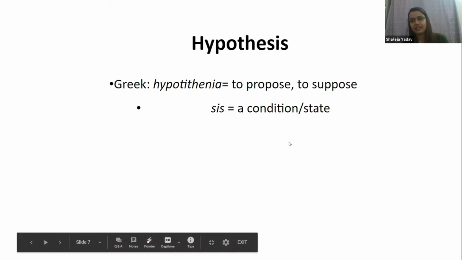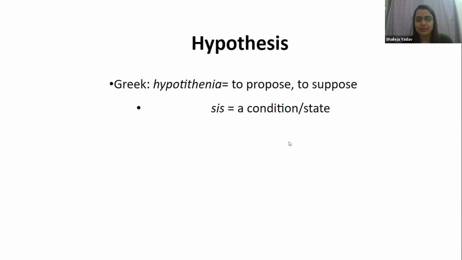So, having cleared that out of our path, the hypothesis, since we PSM people, or community medicine or public health people, love the definitions, let's see the definition of hypothesis. The term hypothesis actually has Greek origin, which comes from the word hypothenia, which means to propose, and thesis means a condition or state. So you're proposing a condition or a state.